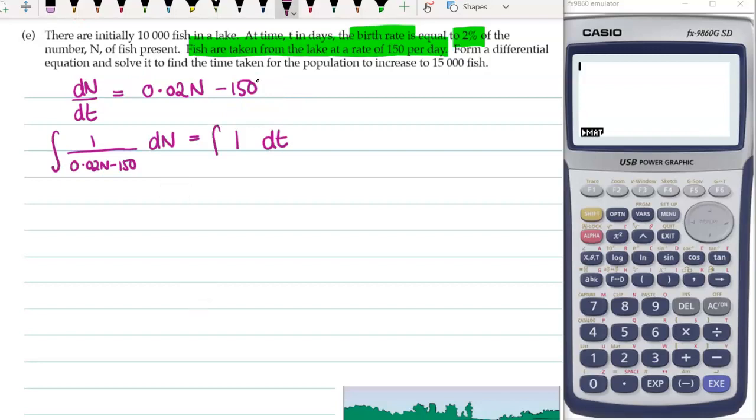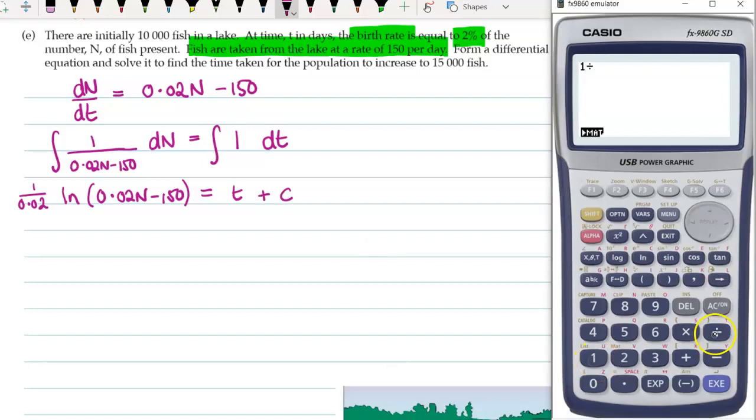Now we will integrate both sides. Now if I integrate 1 over a function, I get natural log of that function. But we also need to divide it through by the coefficient of n there, because it's a reverse chain rule. If I integrate 1, I get just t, and then plus c.